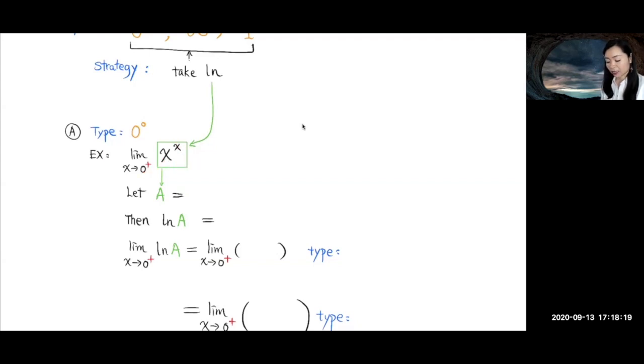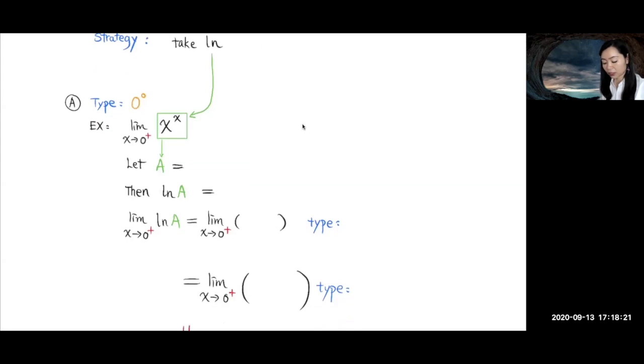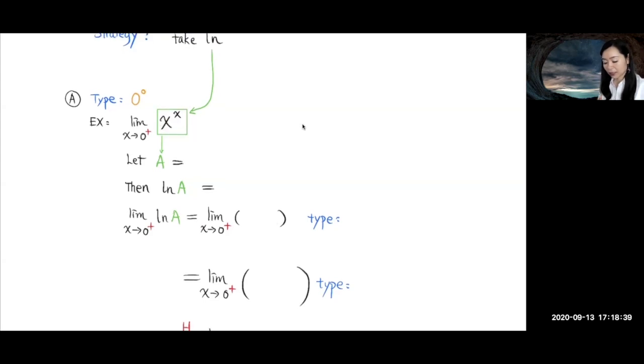Now, we're going to take the limit of this function that has x in the exponent and also x in the base. So we need to bring down this power. The function you can use to bring down the power is Ln. We're going to let a be this function, x to the x.